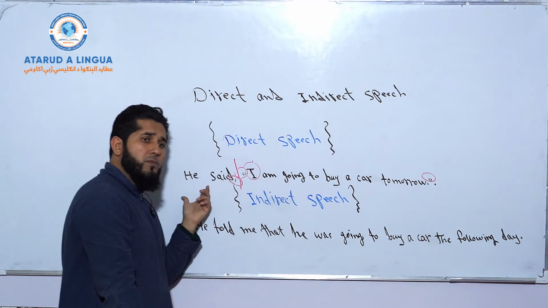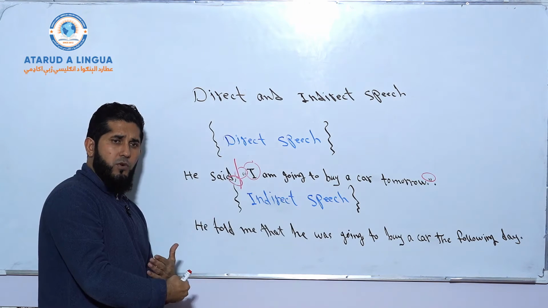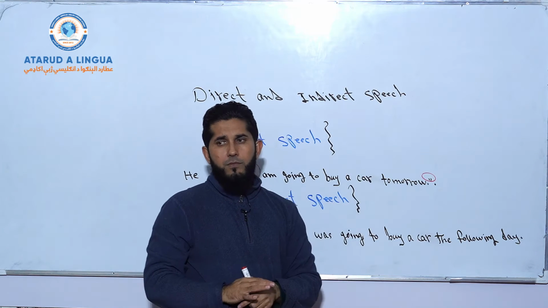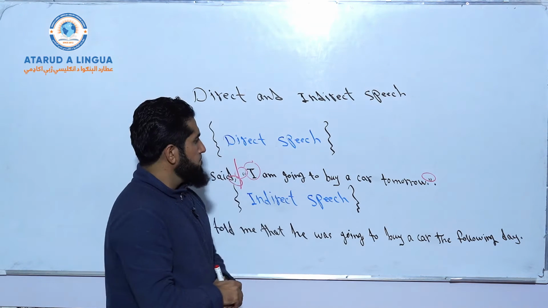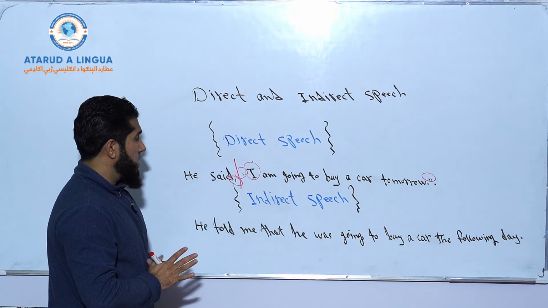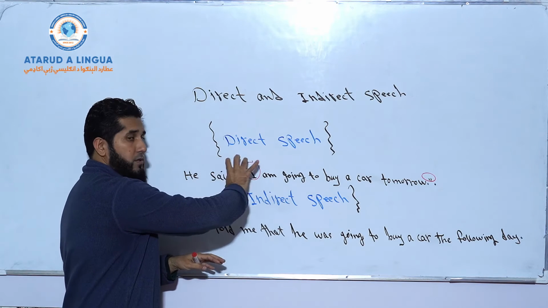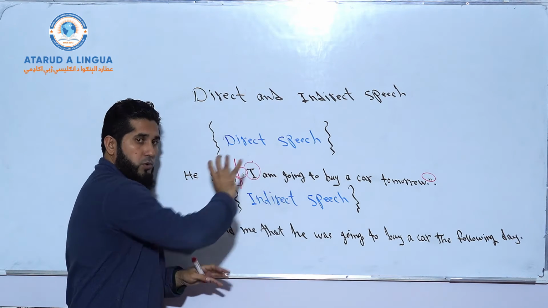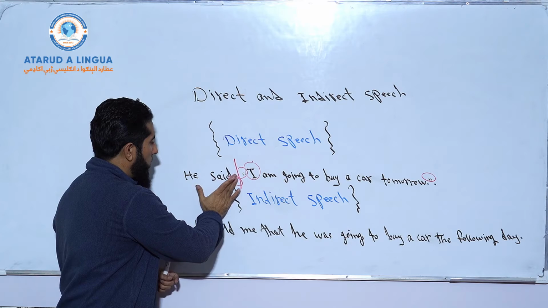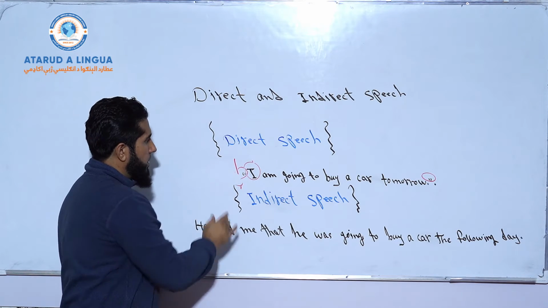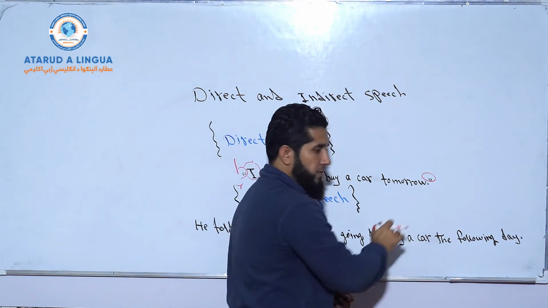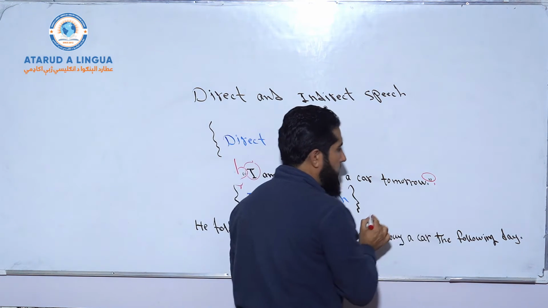If it starts with a subject and it's not in question form, then you need a period. Got it? Okay, sometimes in written English, it's also possible to change the positions of these two parts, the reporting part and the reported part. And look, instead of this dot, remove the dot and use a comma over here.